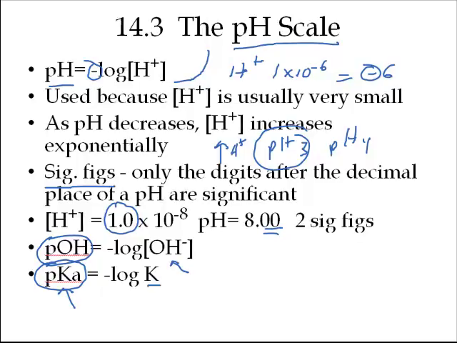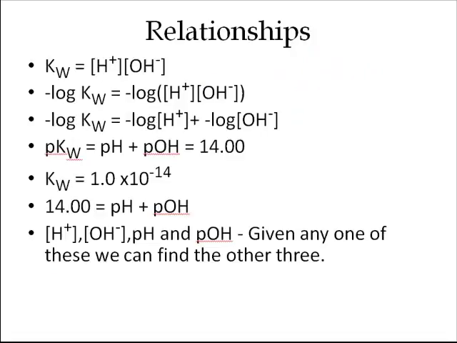So let's just get a good feel for what the relationships are between pH and pOH and all that stuff. And here we have a few things that we know. You guys know that the Kw, the equilibrium constant, is dependent upon the concentration of H plus and OH minus. And if you remember, that equaled 1 times 10 to the minus 14th for water, right?